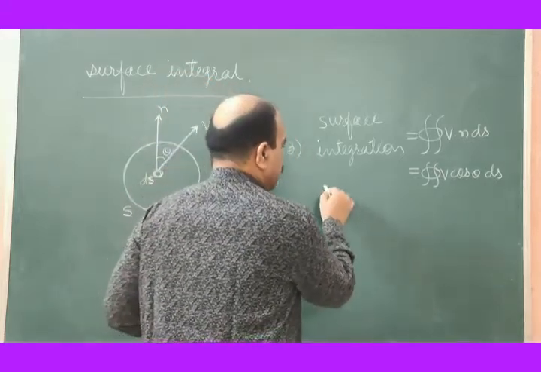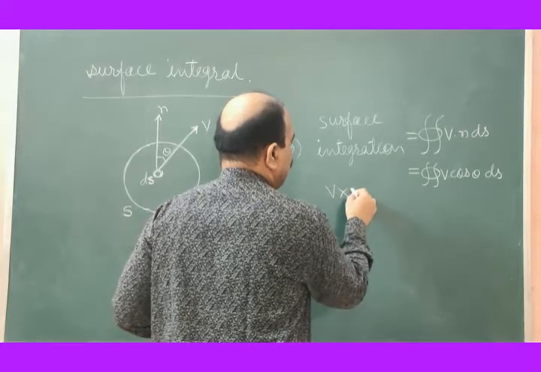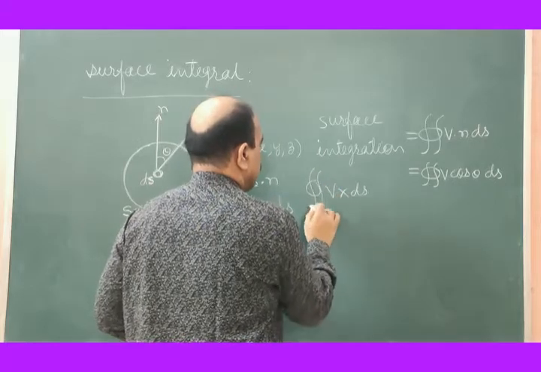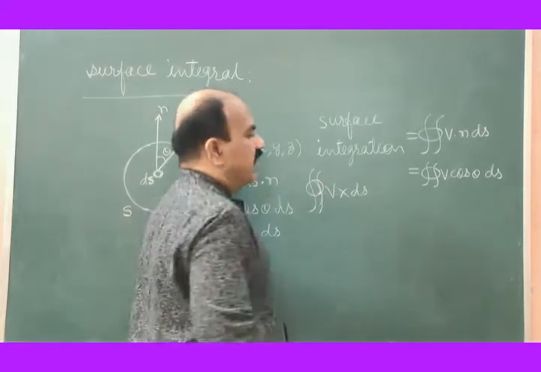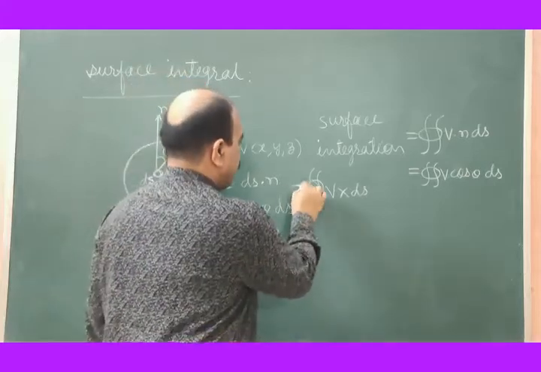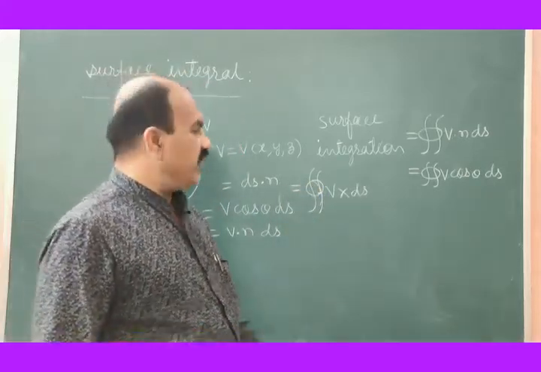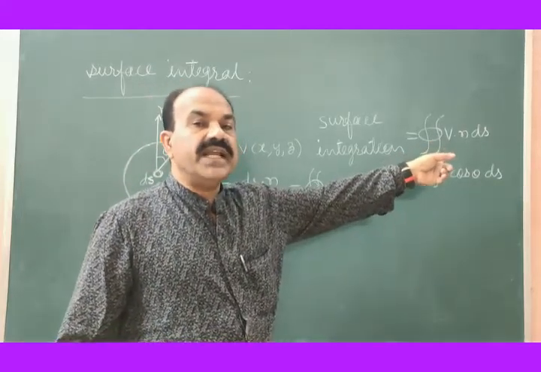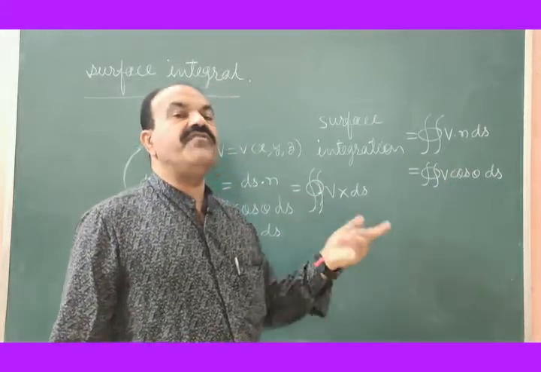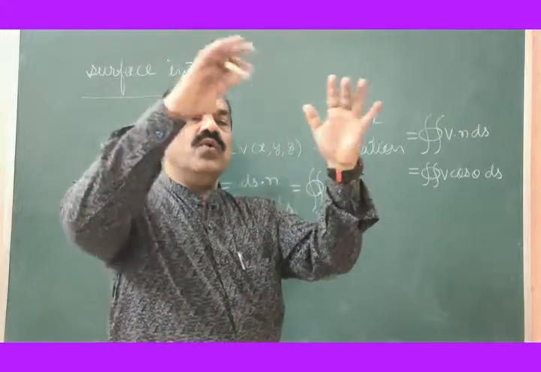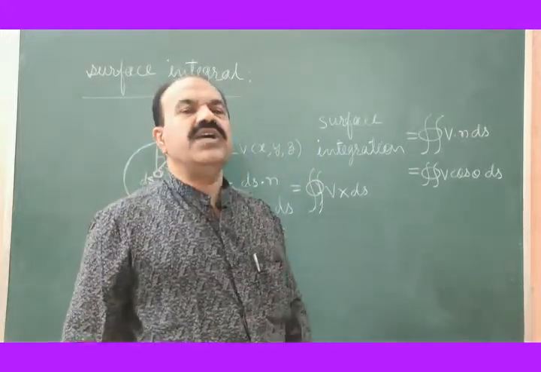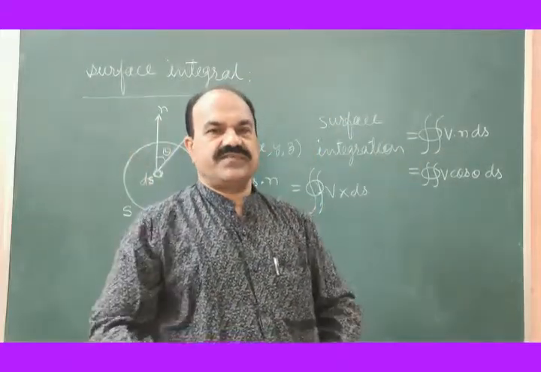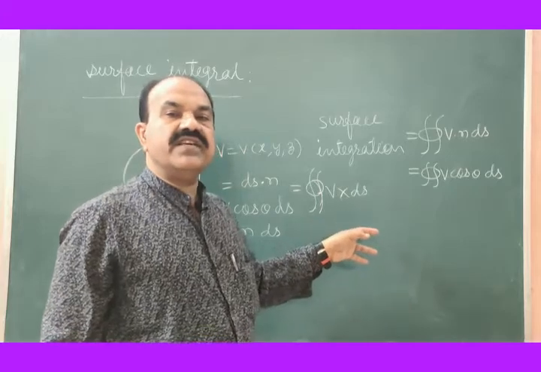If we take the cross product, it will be V cross n, you may write ds, double integration. So, this is the dot product giving magnitude, this is the cross product giving the vector. It is actually known as the flux of a vector field over the closed surface S, which can be given this way also.